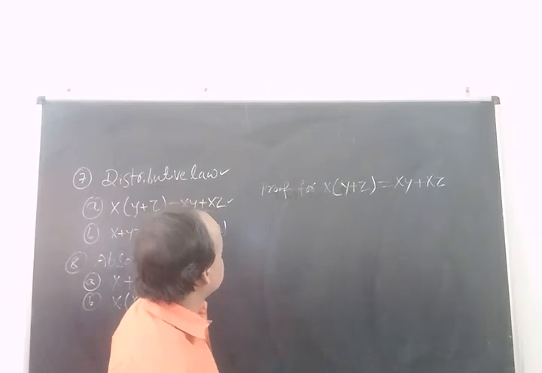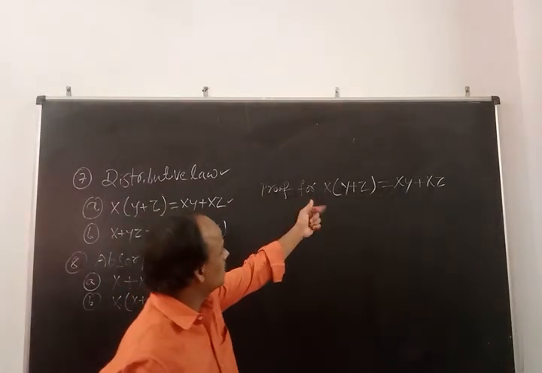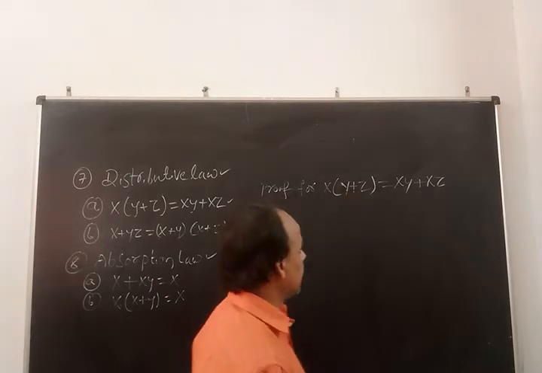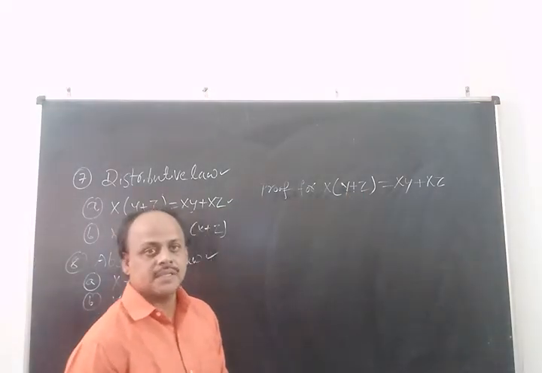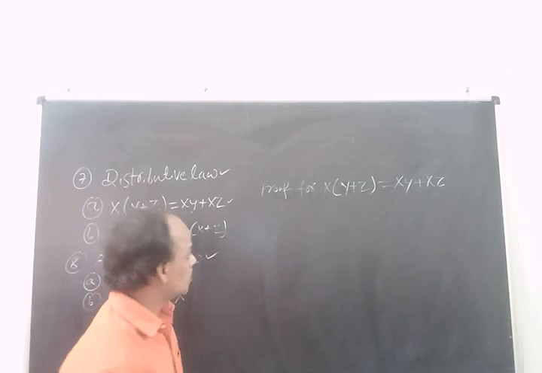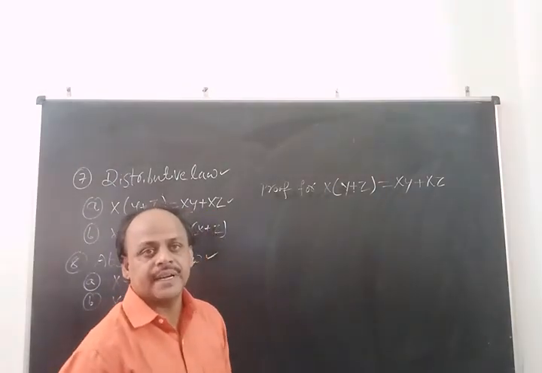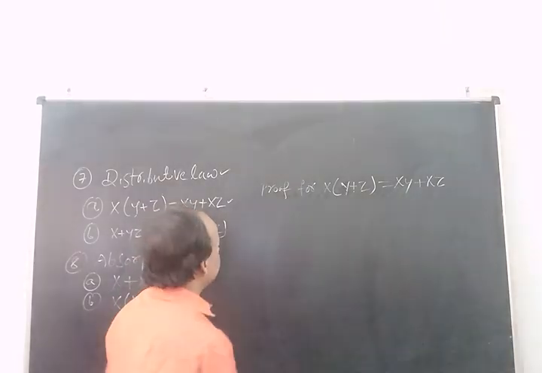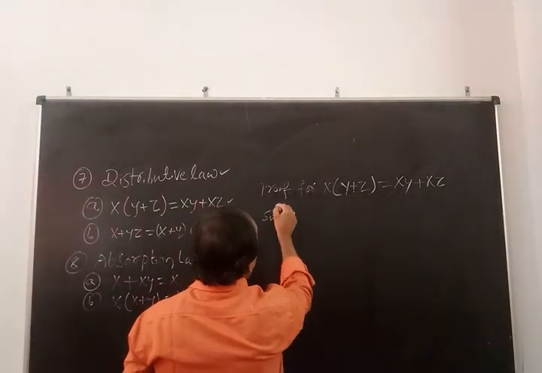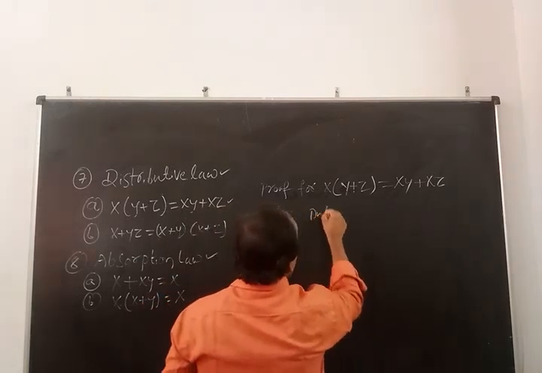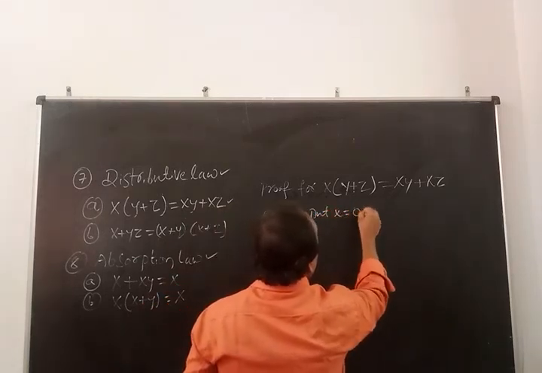So consider this first distributive law, that is x into bracket of y plus z can be written as x into y plus x into z. Now I am going to prove it by using proof by perfect induction method. Solution: put x is equal to 0.